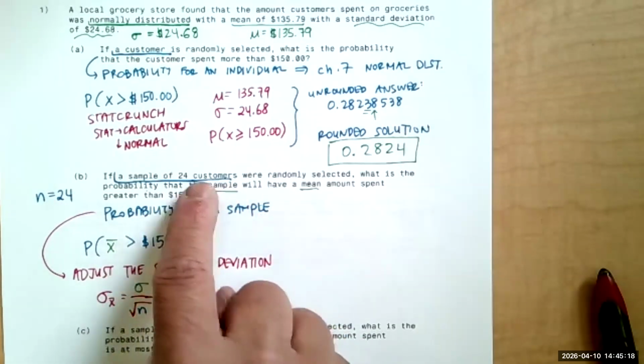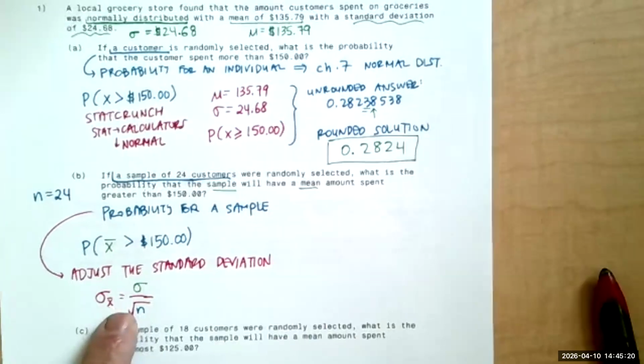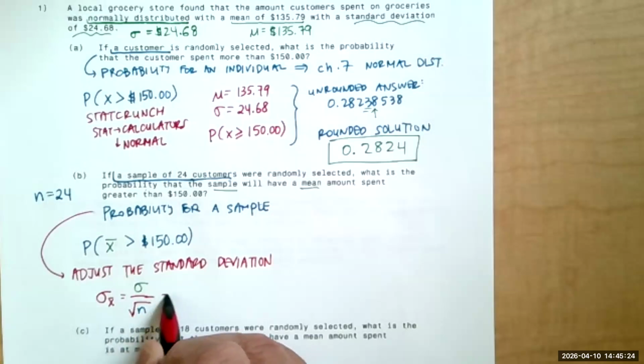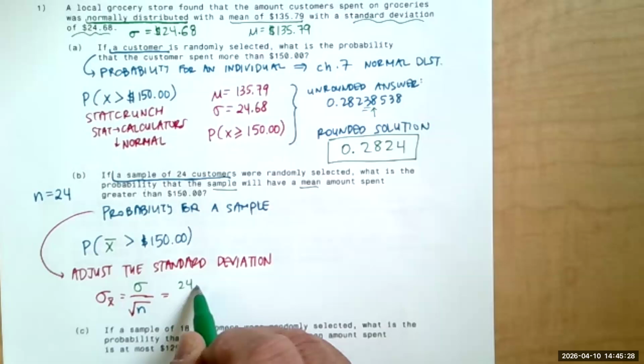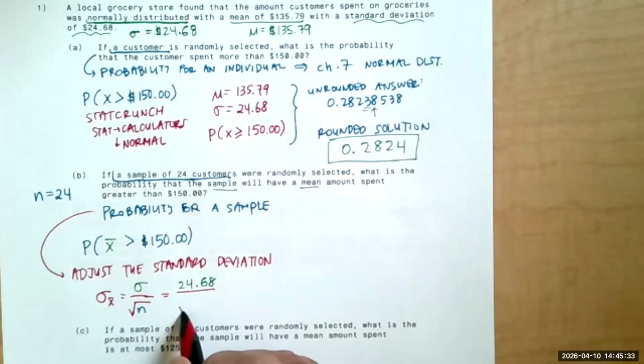Anytime we're talking about the probability for a sample, we need to adjust the standard deviation. The population standard deviation, sigma, I'll just do the numerical value, 24.68. We're going to divide that by the square root of our sample size, the square root of 24.